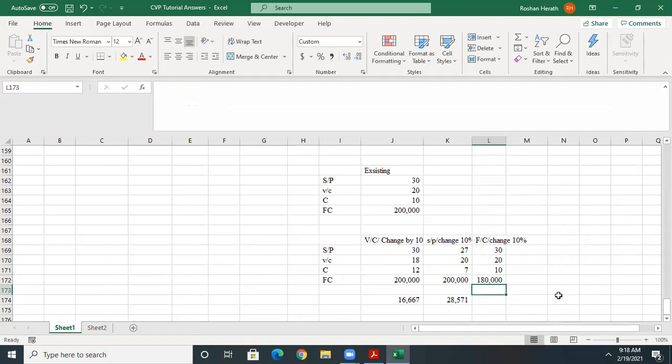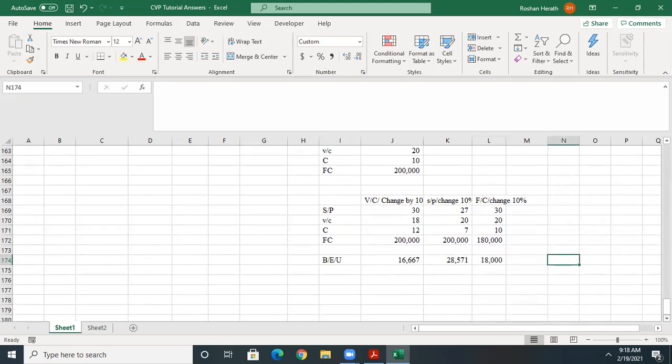Once you drop it by 10%, it's 90%, 180,000. So this is what happens to your break even units. Now you can decide what is having the greatest impact on the profit line.